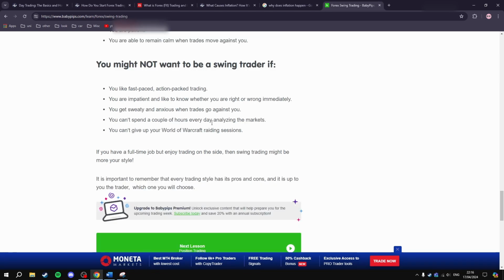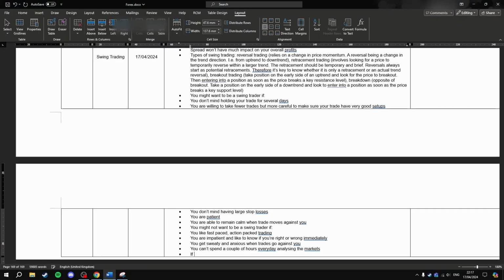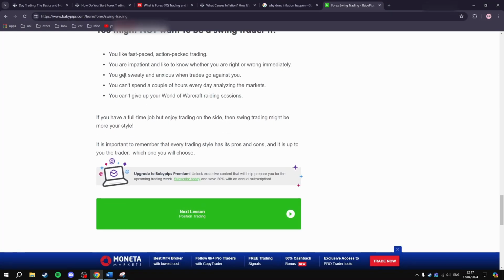If you have a full-time job but enjoy trading on the side, then swing trading might be more your style. It is important to remember that every trading style has its pros and cons, and it is up to you, the trader, which one you will choose.